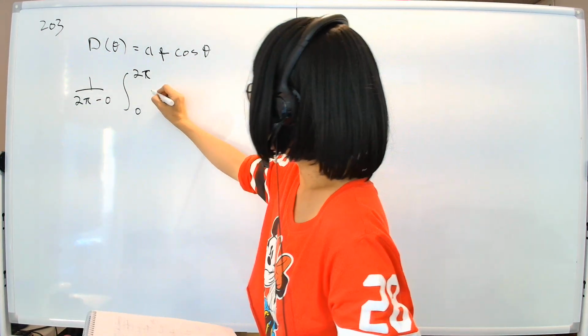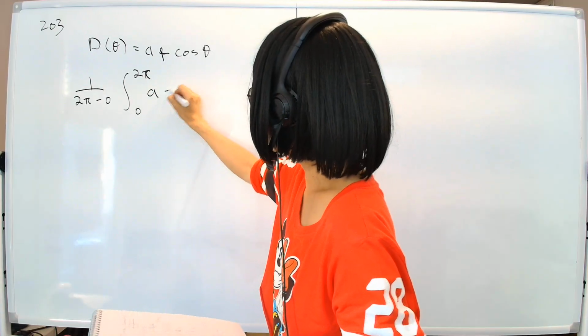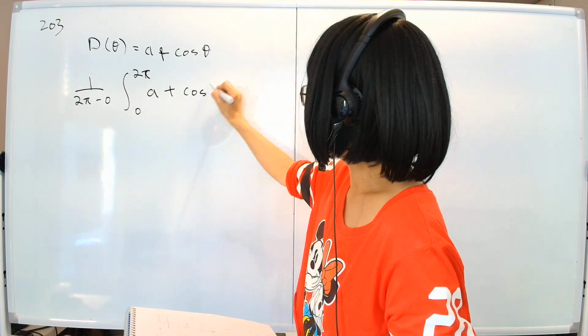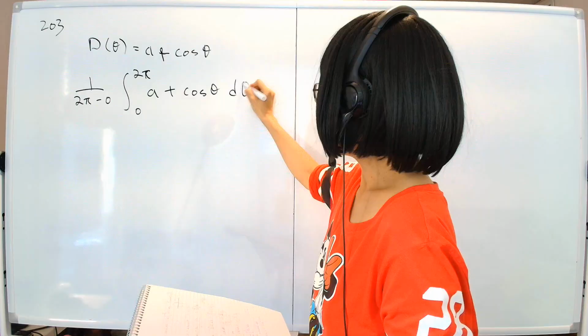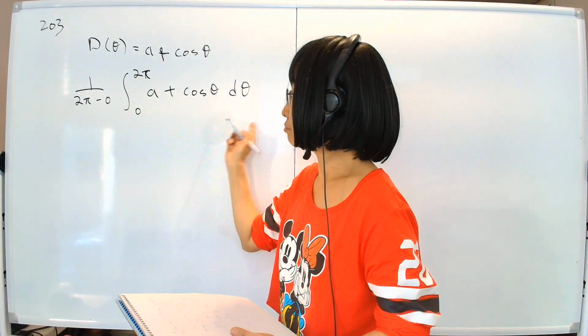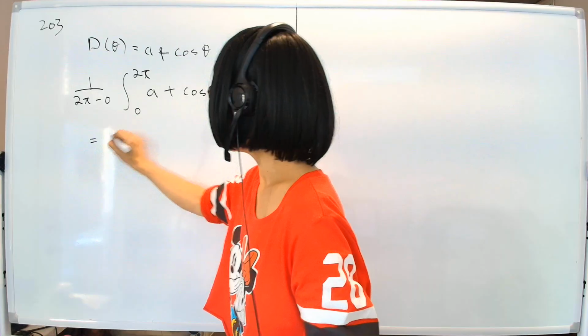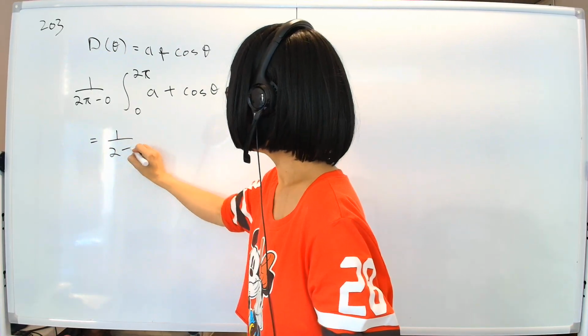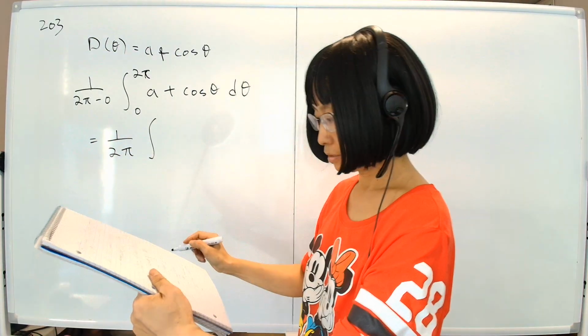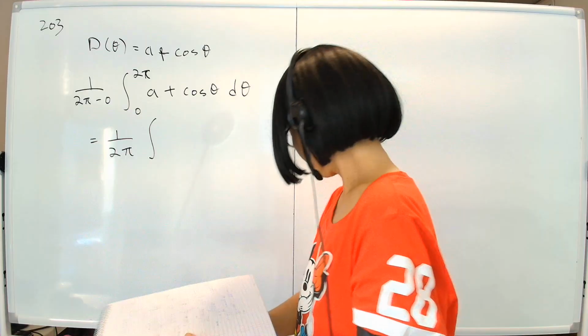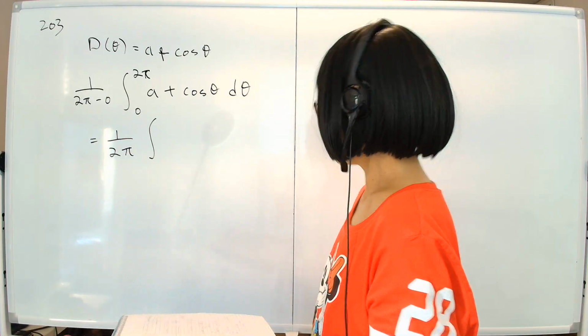So to calculate the average, you stick this formula in here, a plus c cosine theta d theta, and then you calculate this thing, which if you were to calculate it, you come up with something like this: 1 over 2 pi. We will integrate this.